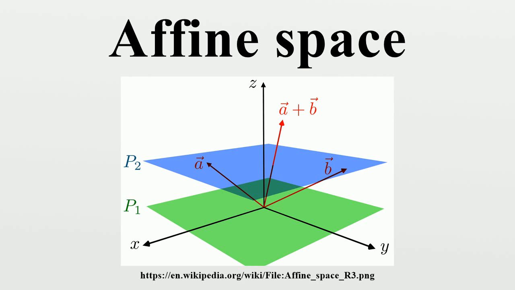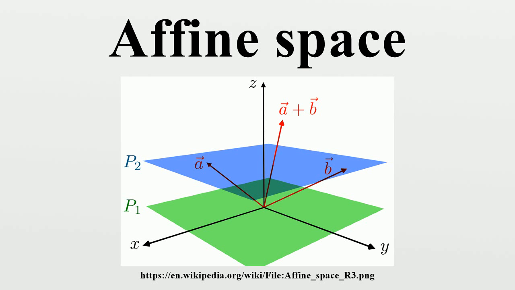One says also that the affine span of X is generated by X and that X is a generating set of its affine span. A set X of points of an affine space is said affinely independent or, simply, independent if the affine span of any strict subset of X is a strict subset of the affine span of X. An affine basis, or barycentric frame, of an affine space is a generating set that is also independent.